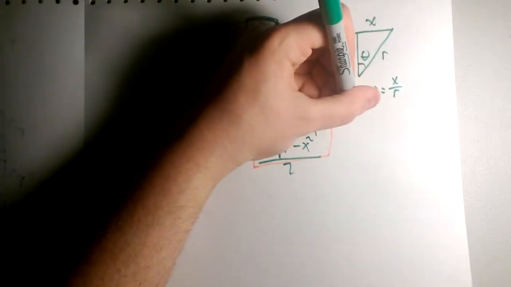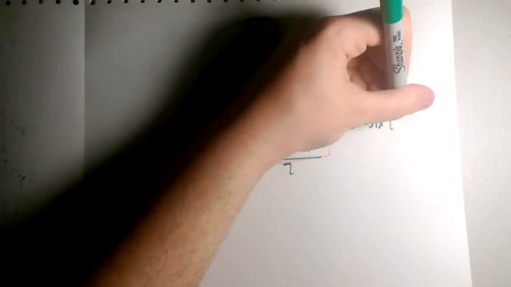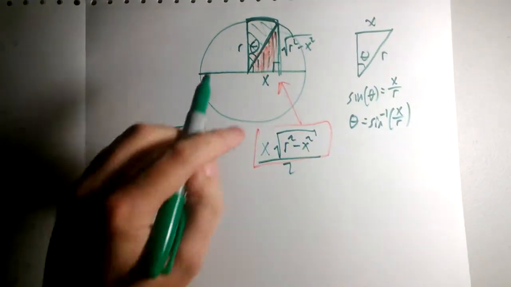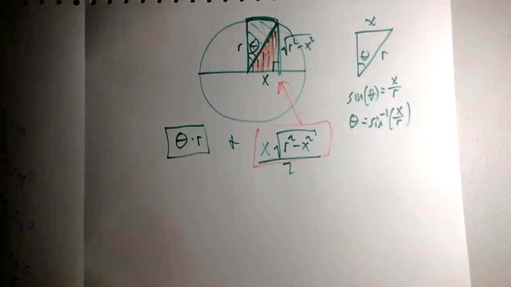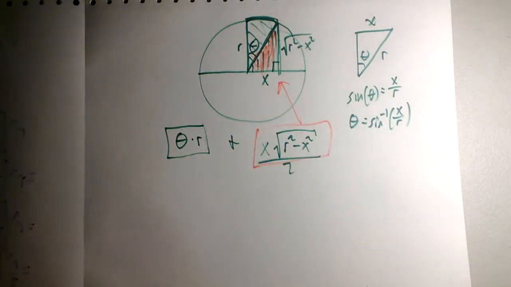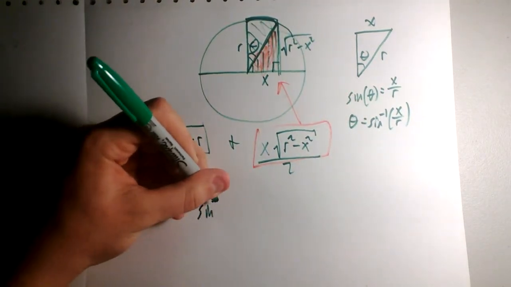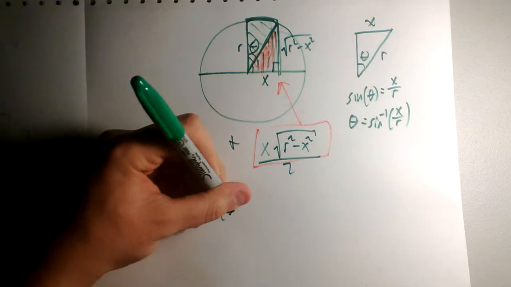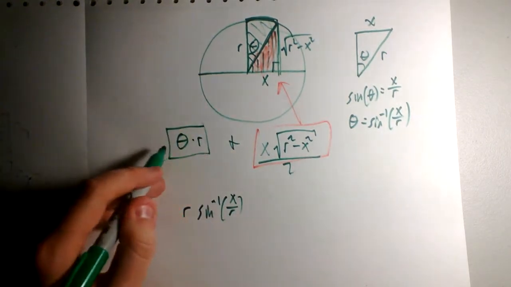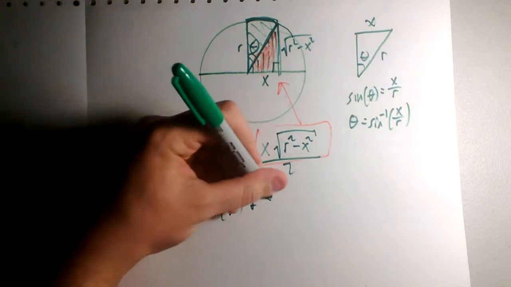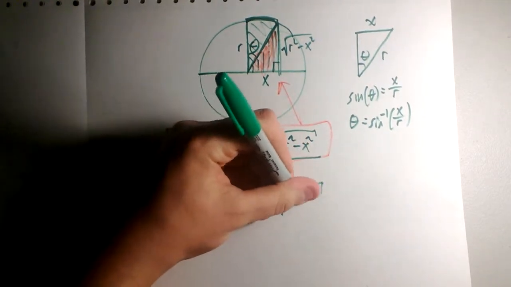Therefore, theta is equal to inverse sine of x divided by r. Is that true? Sine, yes. If we had used cosine, we would be wrong. So if you plug that in, you get inverse sine of x divided by r times an extra r. Correct? Yes. Plus x divided by 2 square root r squared minus x squared.